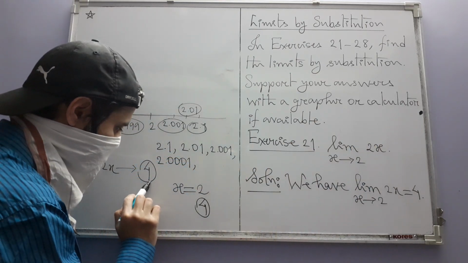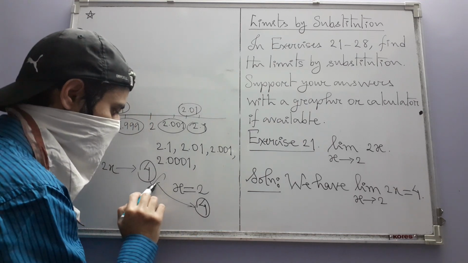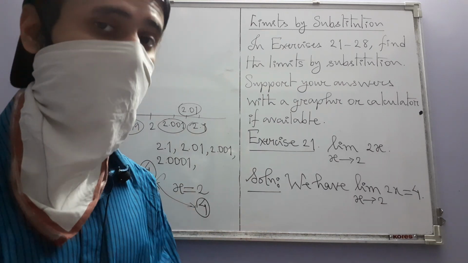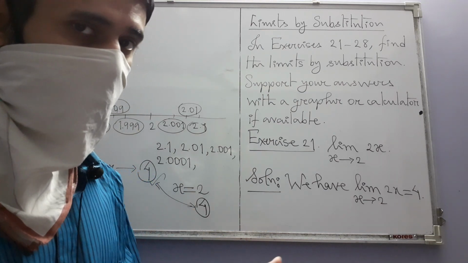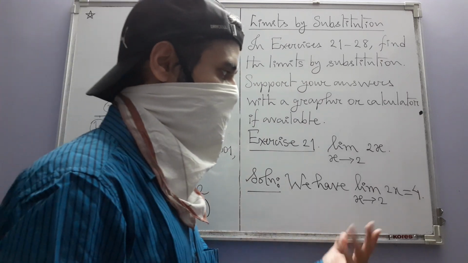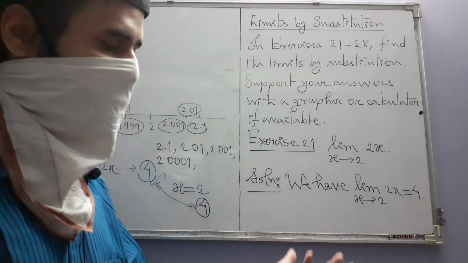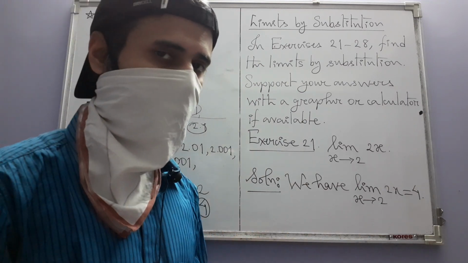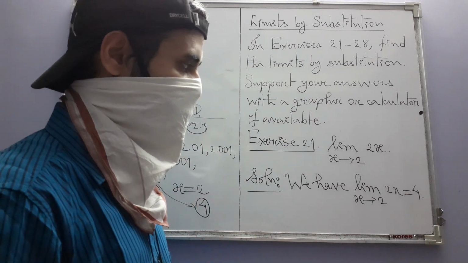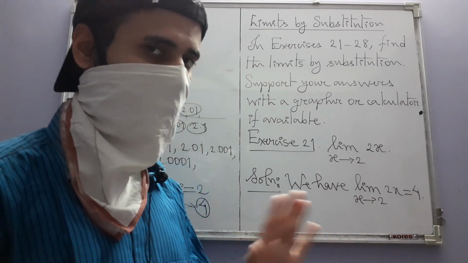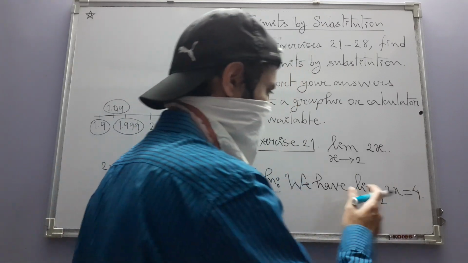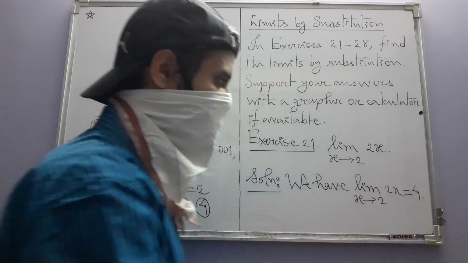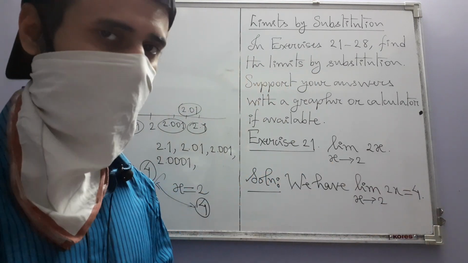It turns out that this actual limiting value and this value from the substitution turn out to be the same, okay, in most of the cases. That's why this method of substitution works, but it is obviously not something that can always be done. If the function fails to be continuous at x equal to 2, which is something we will see, then problems can arise. Then the actual limit may not be what you get when you substitute that x value.